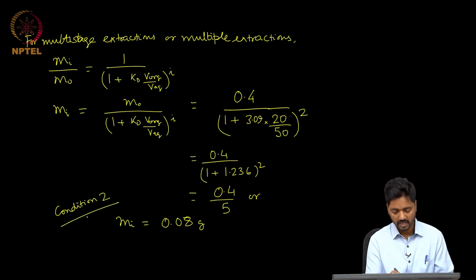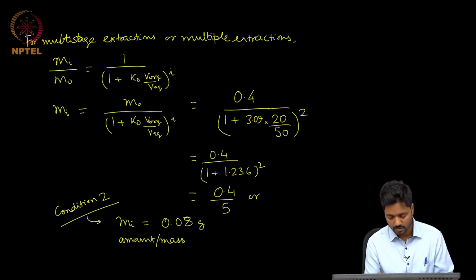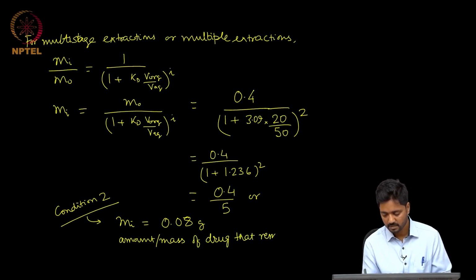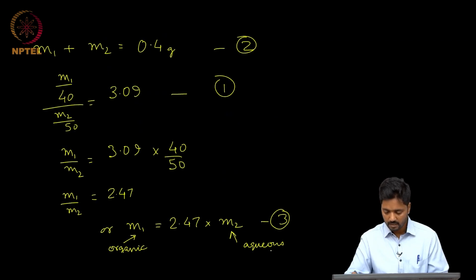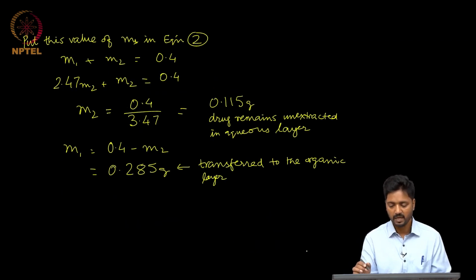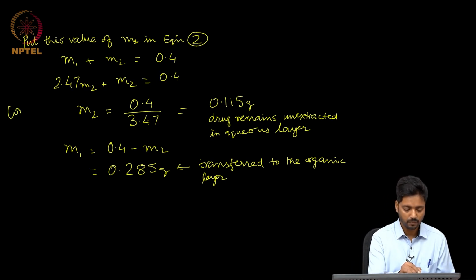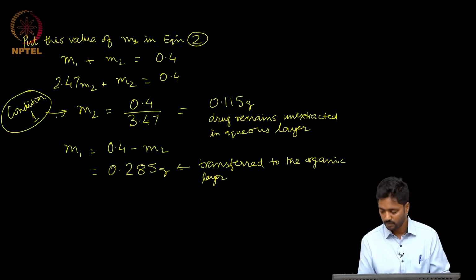So, in condition 2, the mass of drug that remains unextracted is 0.08 grams, and if we look back, the amount that remained unextracted in condition 1 was 0.115 grams.